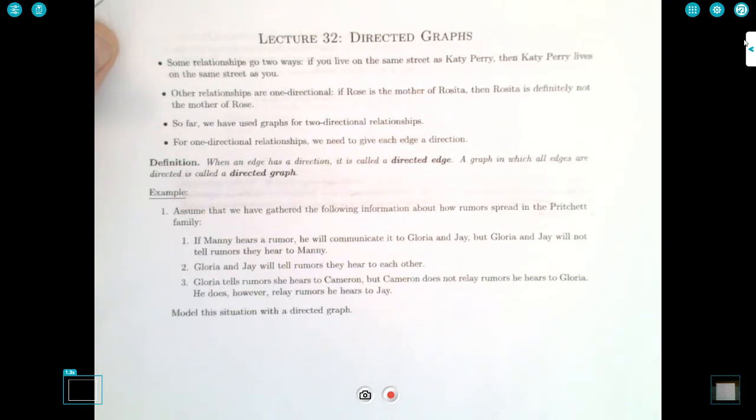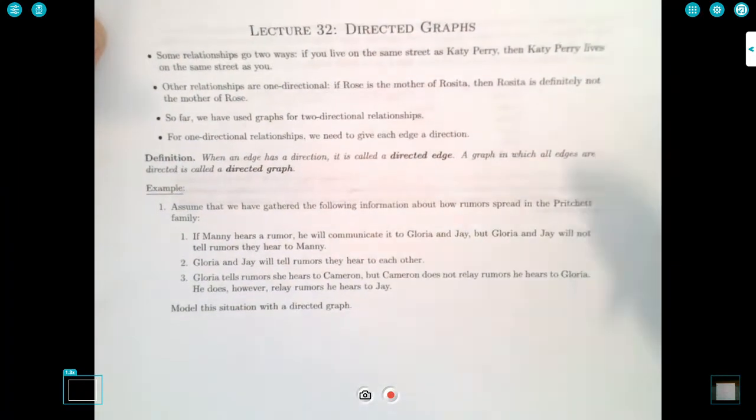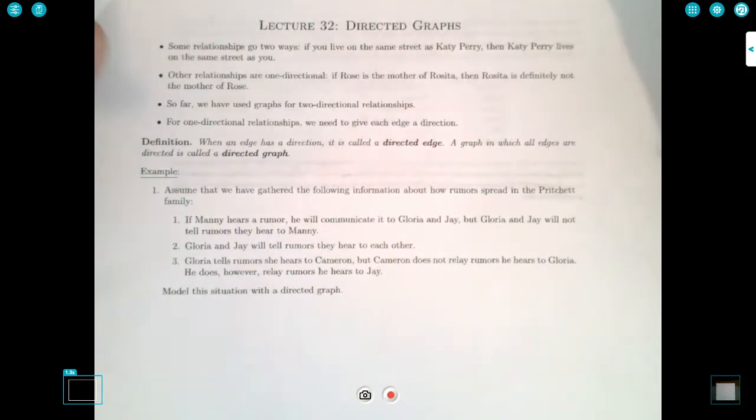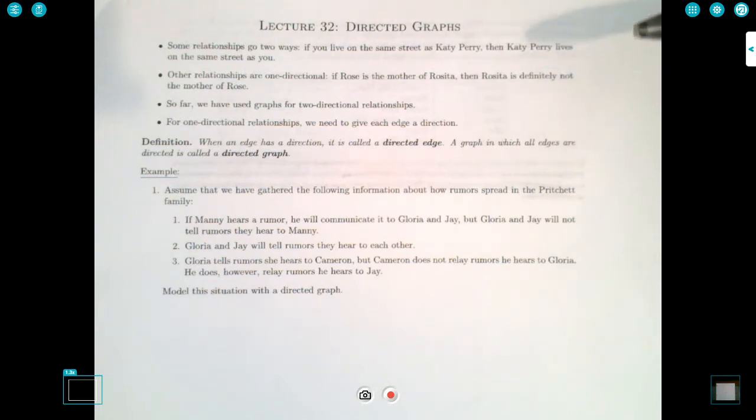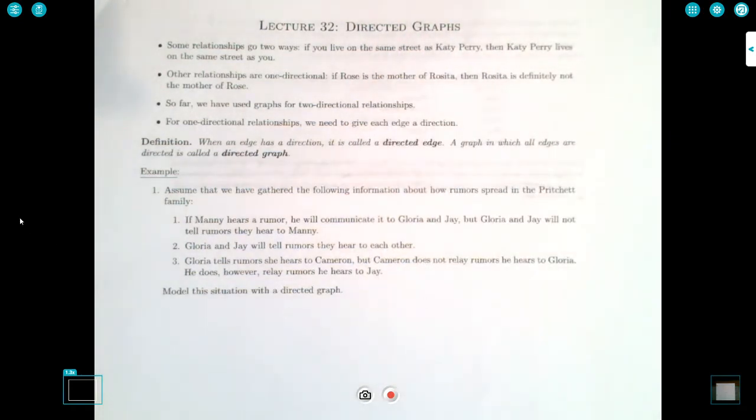What we're going to do here with directed graphs is we're going to talk about when you have relationships that don't go two ways, then we represent those with directed graphs, right? So what I mean by that is this. Some relationships go two ways. If you live on the same street as Katy Perry, then Katy Perry lives on the same street as you, right? So that's a two-way relationship.